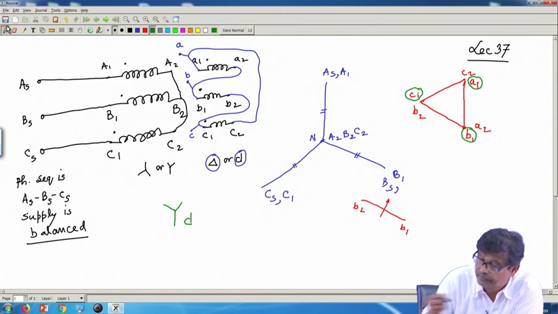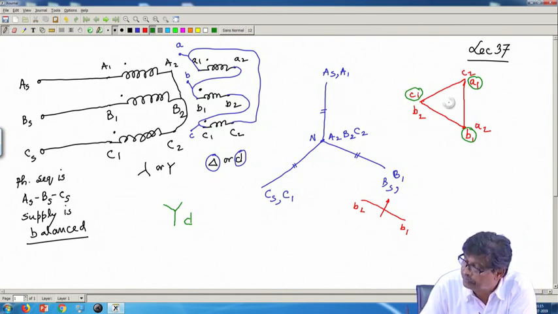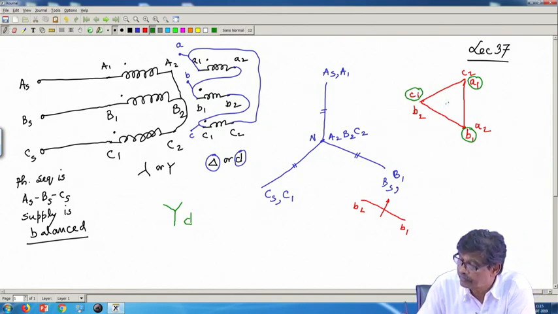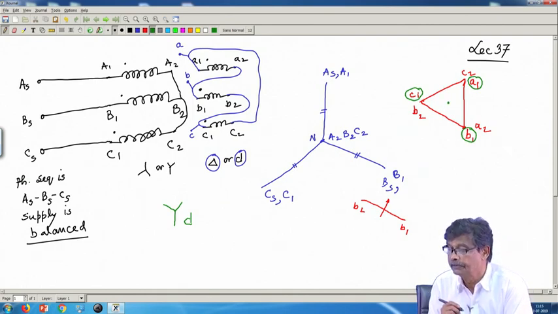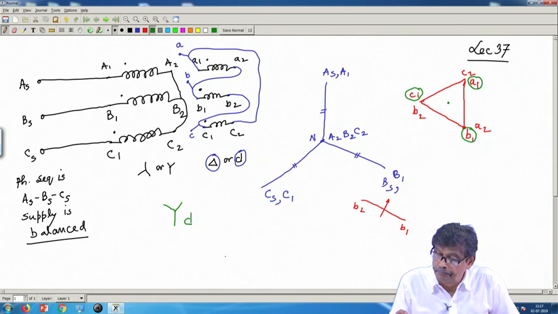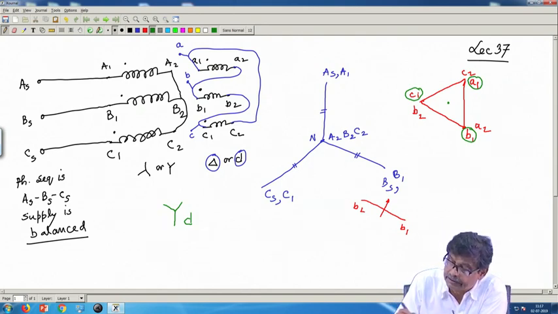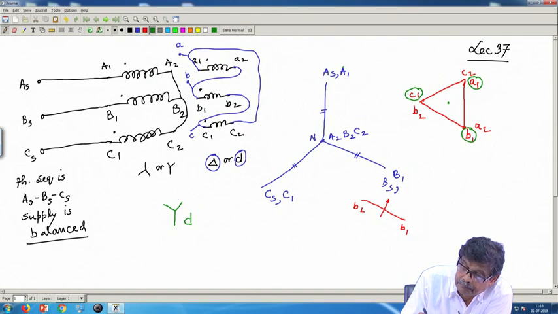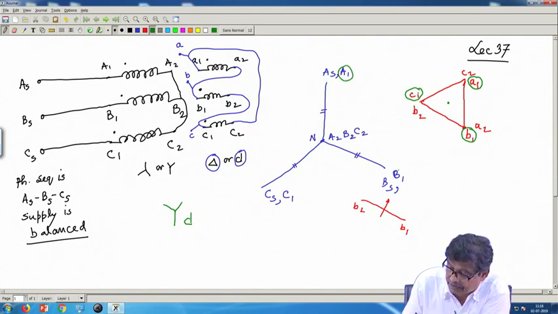Got the point? So, this is the neutral. Okay. So, this triangle we have identified a1, b1, c1. Similarly, you circle the primaries, A1, with respect to this we will be talking.